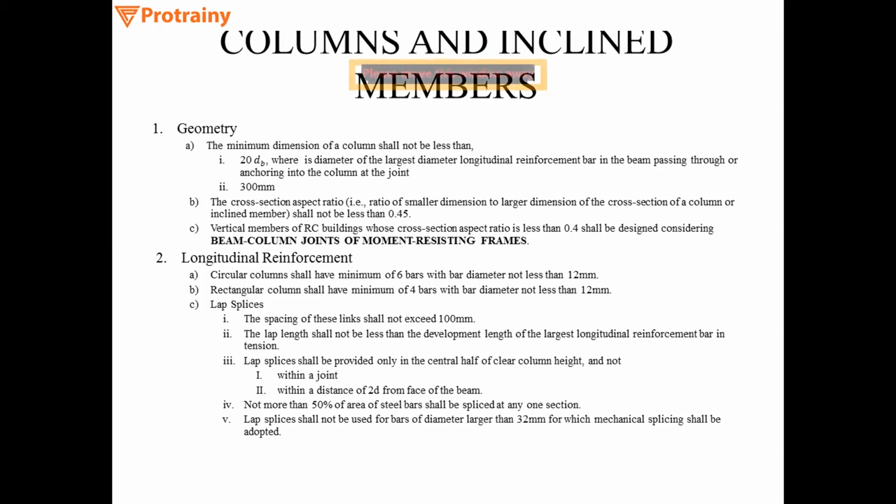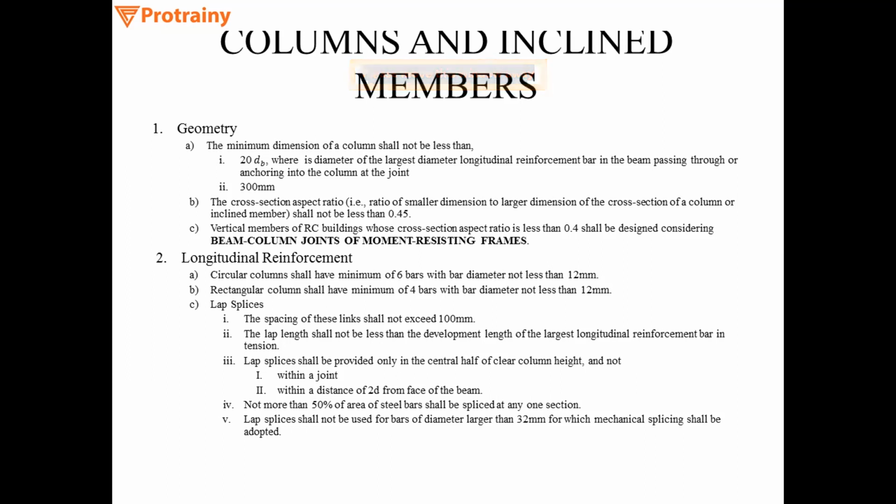The second point is longitudinal reinforcement. Talking about the circular column, the minimum number of bars should be 6 bars of diameter not less than 12 mm. Talking about the rectangular column, the minimum number of bars should be 4 bars with bar diameter not less than 12 mm.